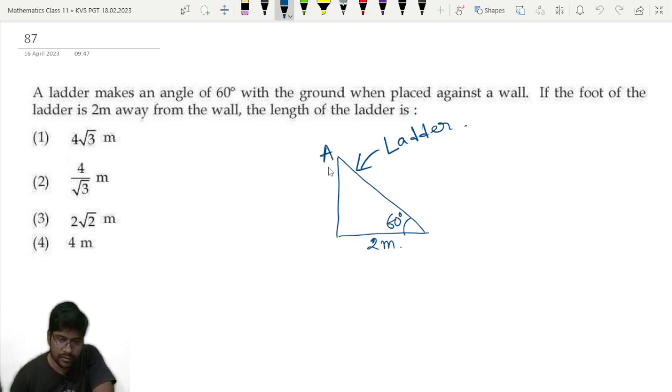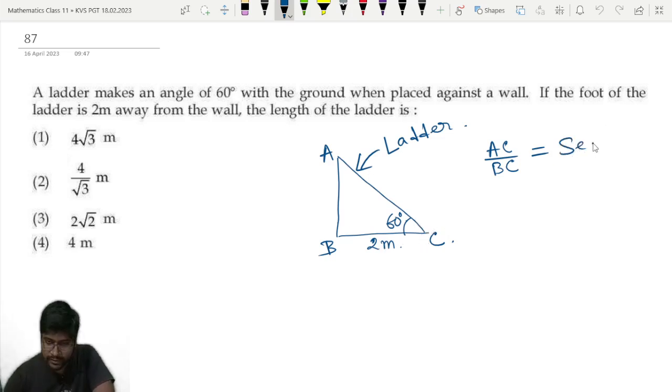So let me say AB is the wall and AC is the ladder. From this right angled triangle, AC by BC, that means hypotenuse by base, is equal to sec 60 degree. So AC we have to find.